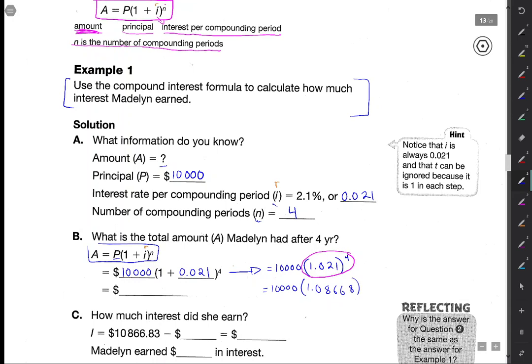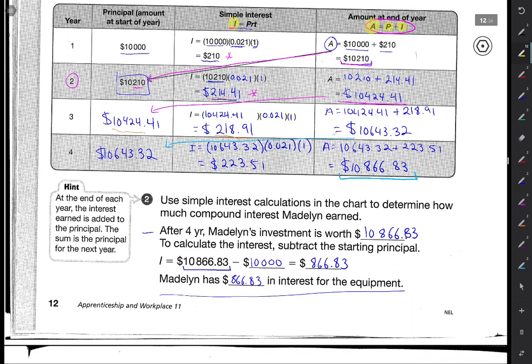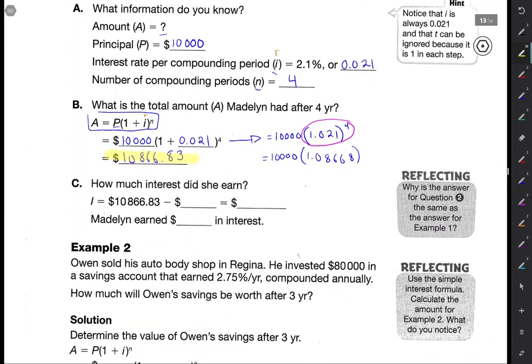Now our final step is to multiply 10,000 times 1.08668. If we do that, we will get the final answer of $10,866.83. And if you notice, this answer is the exact same thing that we got in the first example, where we used the simple interest formula to calculate this. So both methods will work.